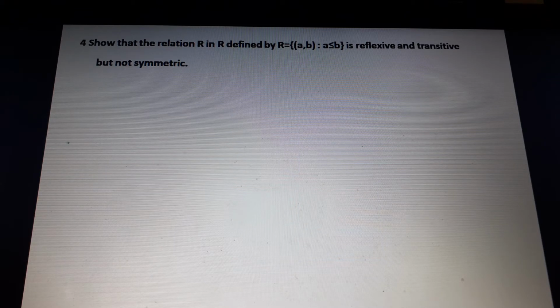Solution. What is given is R equals the relation of ordered pairs (a, b) such that a is less than or equal to b, and (a, b) belonging to the set of reals.